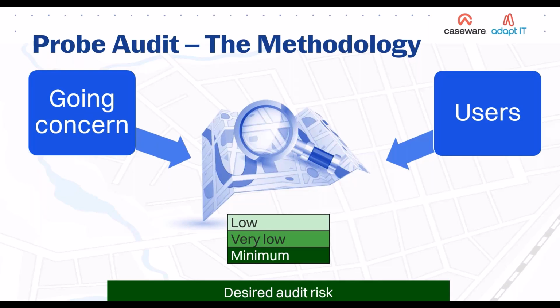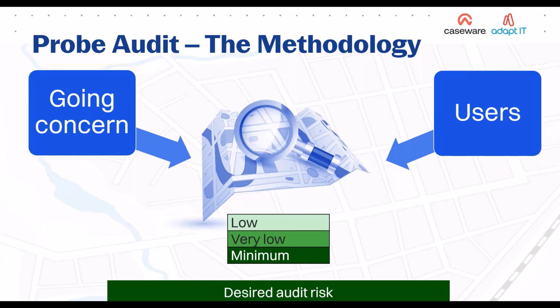When we want to determine whether we've got enough audit evidence, we determine where we want to go, almost like using Google Maps or the old Garmins, your GPSs. And we say, where do we want to get to? We want to get to a low enough audit risk at the end of the audit so that we can sign an audit opinion knowing we have not signed the incorrect audit opinion. So we want to get to a low desired audit risk.